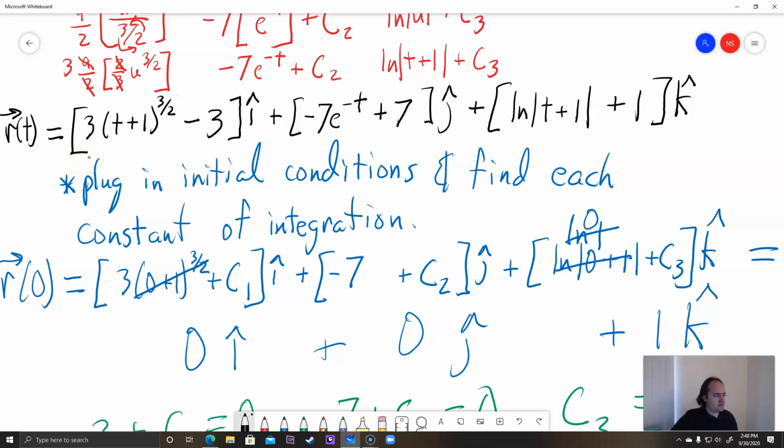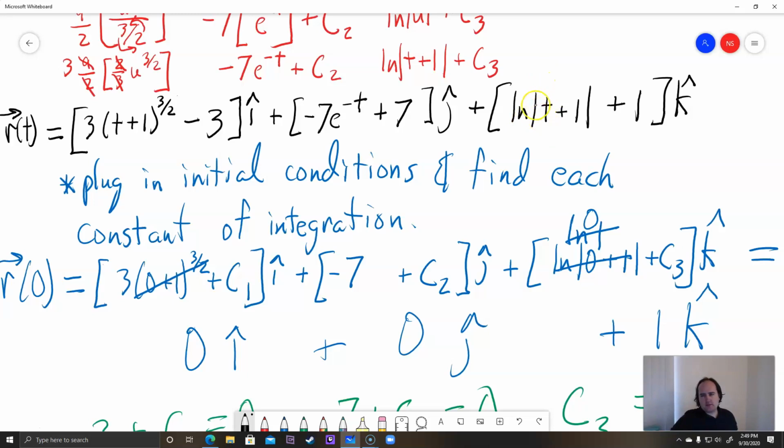And the only thing that's a little strange here is the ln of absolute value of t plus 1. They're not writing the absolute value. I don't know exactly why that is on my math lab. It may be because they're assuming that time t is greater than or equal to 0, so it doesn't matter, since it can't be negative if time starts at 0 and is only positive.